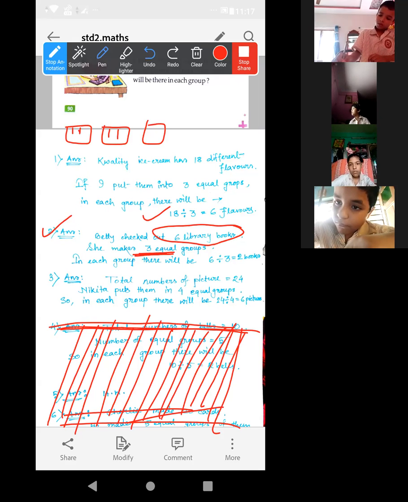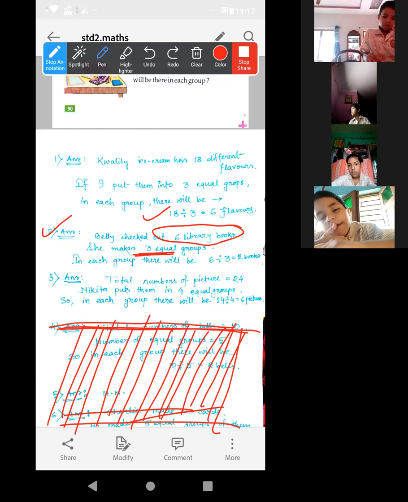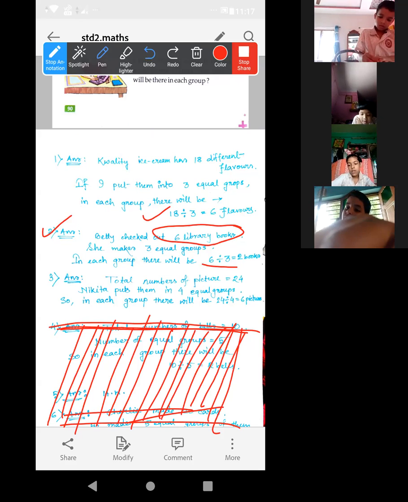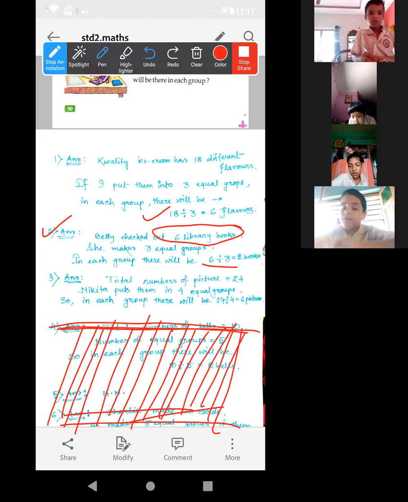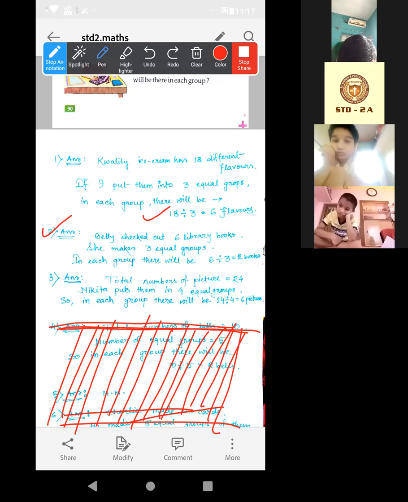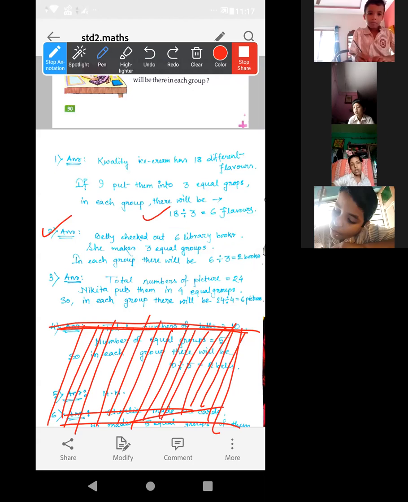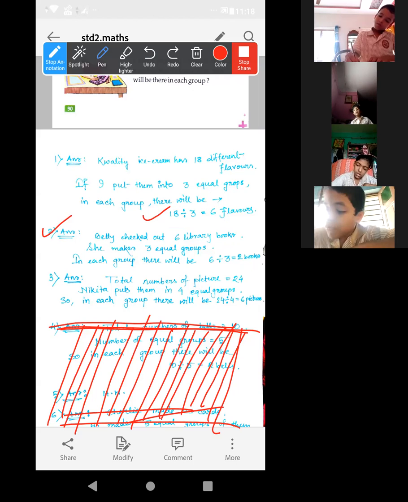I have not shown the division as it is done so many times, so I have directly written the answer. 6 divided by 3 is equal to 2. Complete this one first. Write the statement properly. I am giving you 4 minutes, okay?